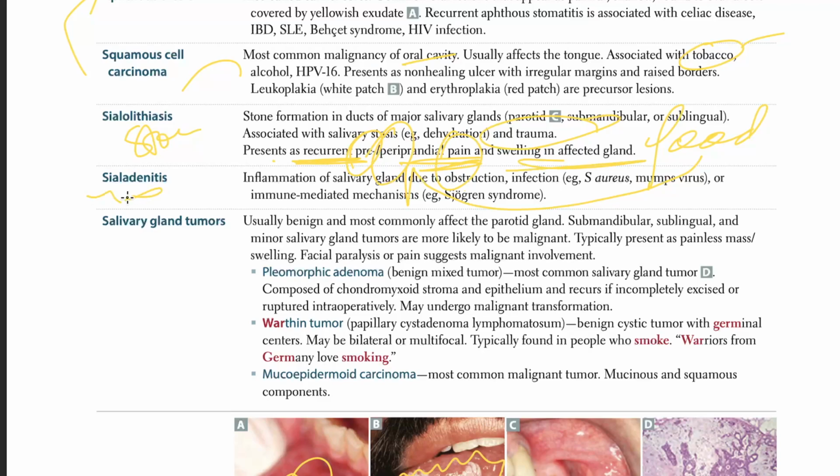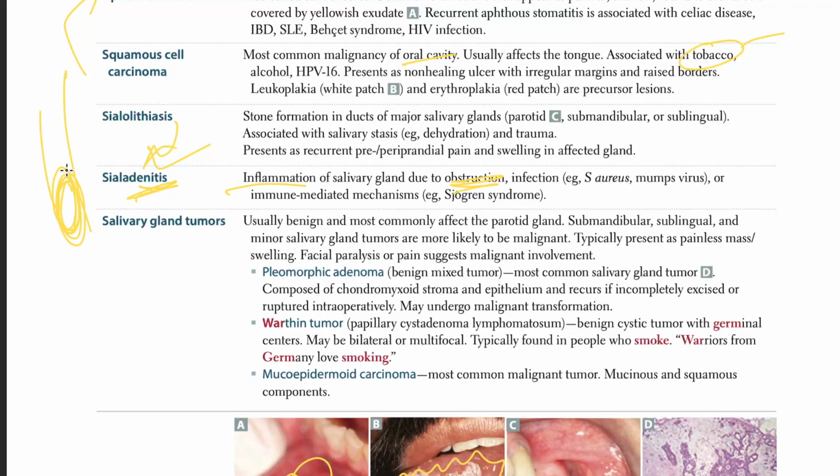Sialadenitis, that is the adenitis, again, inflammation of the salivary glands due to obstruction or infection. Same way, sialolithiasis can lead to sialadenitis infection. Dr. Sattar has given a basic general rule, which is really good. Anytime you block a tube, behind that tube you will have infection.